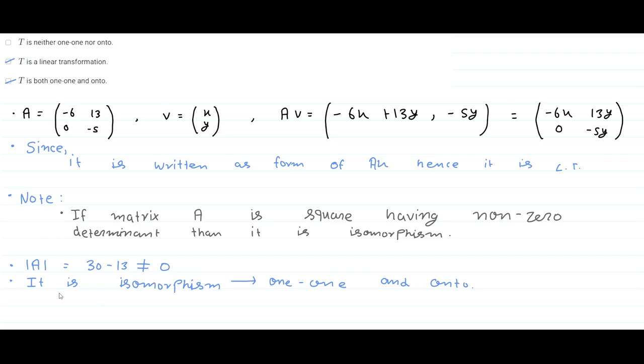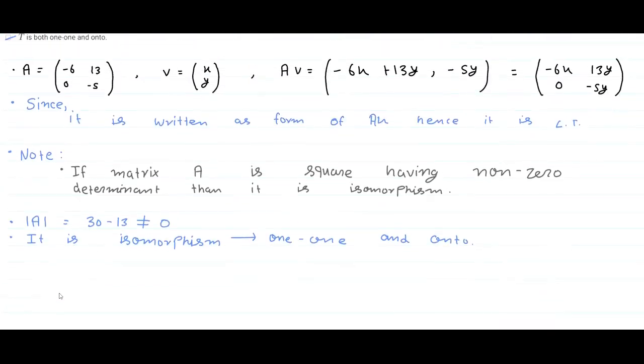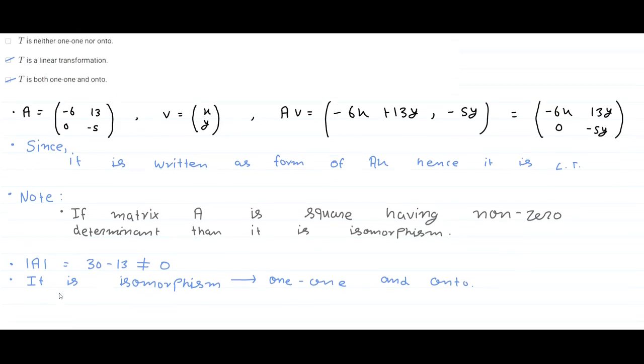And we know that if a linear transformation is an isomorphism, then it is both 1-1 and onto. Hence option number 4 is also correct. So the correct options for question number 6 are option number 3, which says that T is a linear transformation, and option number 4, which says that T is both 1-1 and onto.